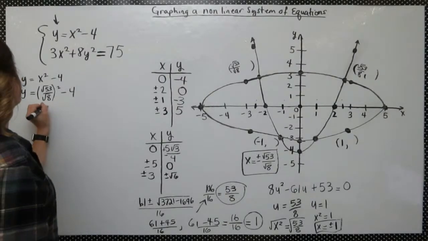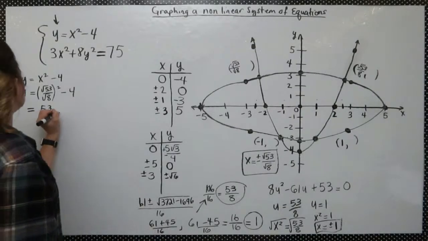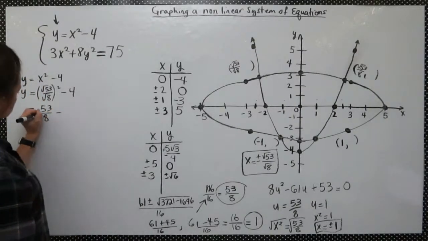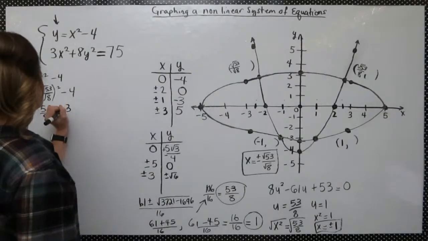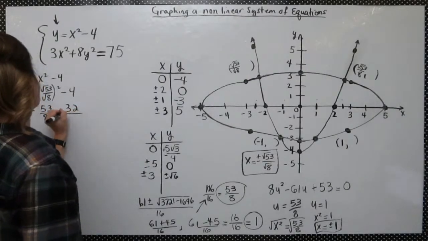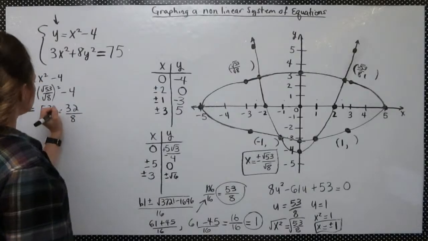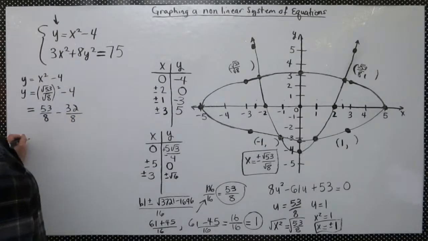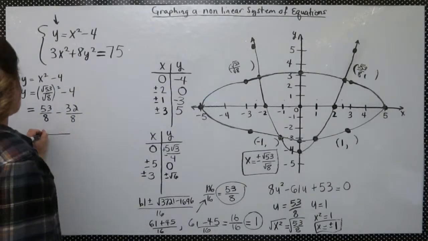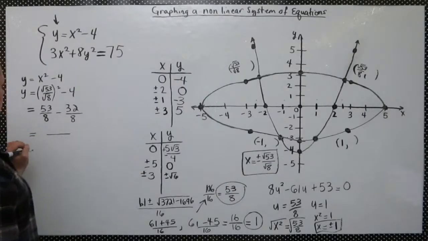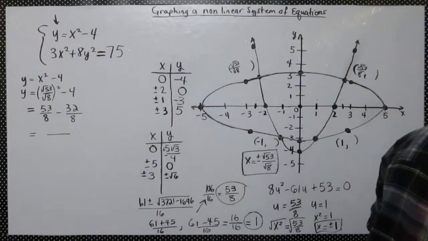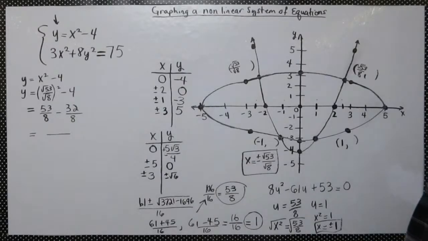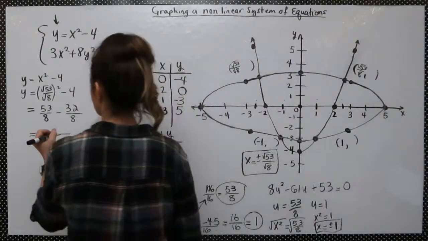So that's 53 over 8 minus, and then I'll just make an equivalent fraction in one step. 32 divided by 8, which is negative 4. So it makes it a little bit easier. So 53 minus 32 is 21. So I've got 21 over 8.